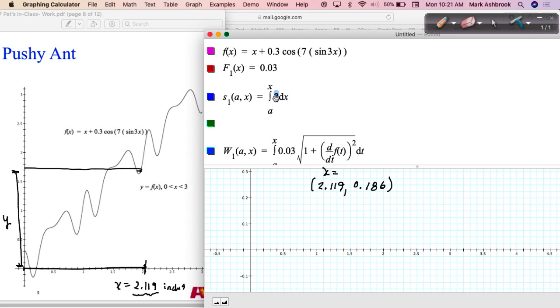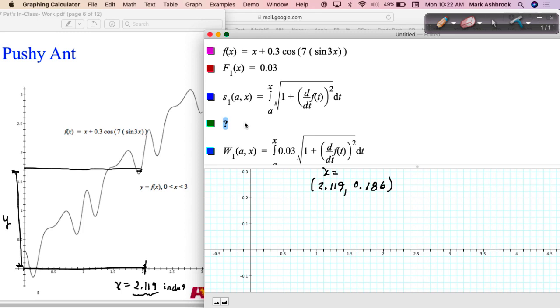Square root 1 plus. That's this thing, right? I'm just going to copy and paste that. And now how do I find out how far the ant has actually walked along the path when x reaches 2.119 inches? What should I do? Function notation, right?